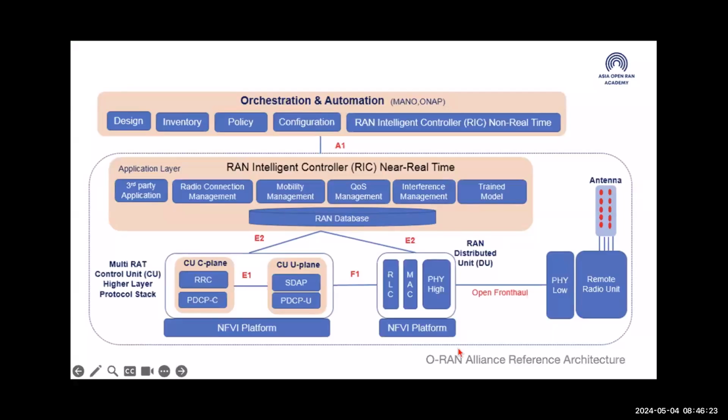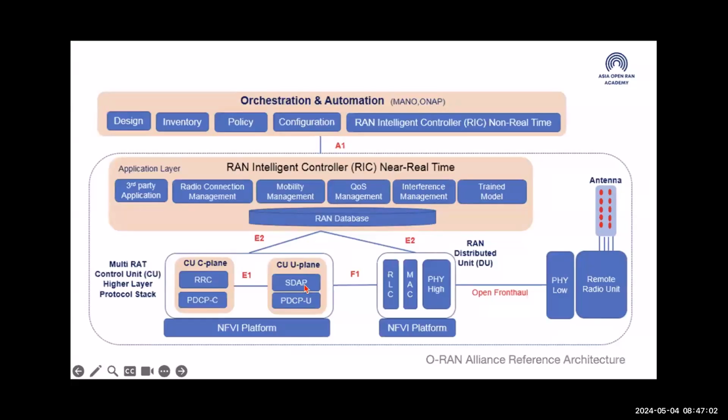And there will be an open fronthaul connected to your distributed unit, or the DU, which handles the high-level functions like the radio link control, the medium access control, and the high physical layer. This could be on a network function virtualized platform. So you have a quad server, and then you deploy it as an NFVI or NFV. And then in your data center could be the centralized unit, also on an NFVI platform.